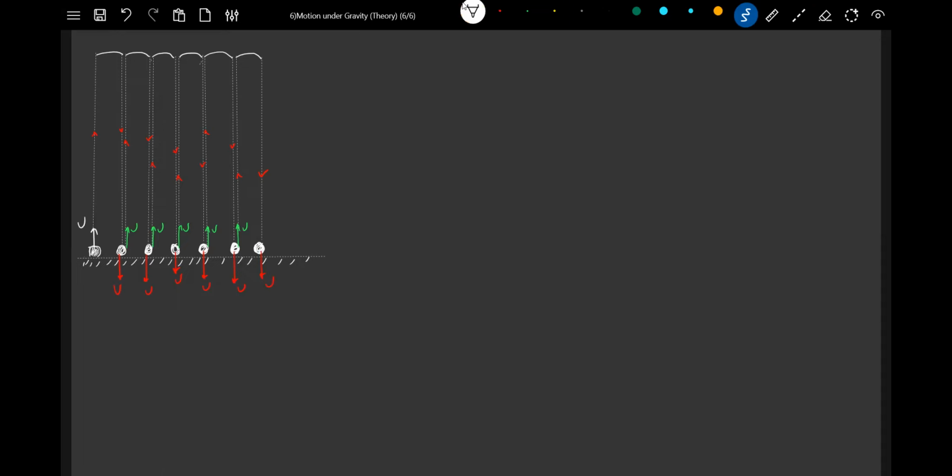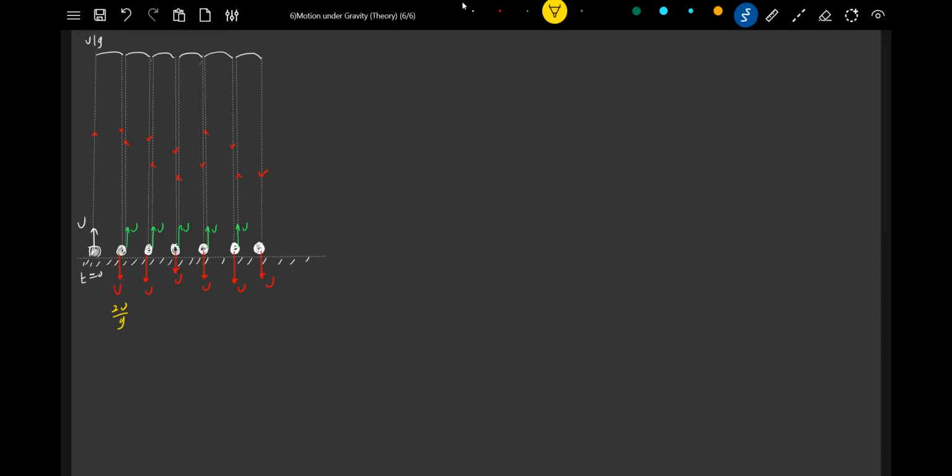So what is the condition we have put at t equals 0? We have projected. What is the time here? u by g. After what time will it come here? 2u by g. I'll use different colors, it will be easy for you to notice things.